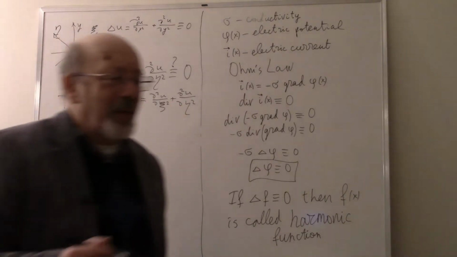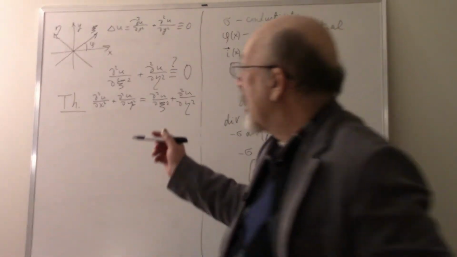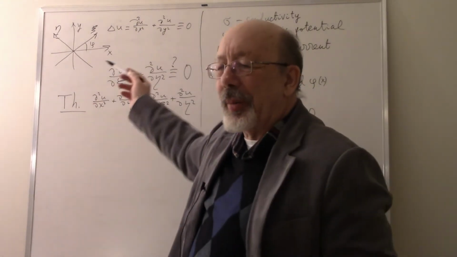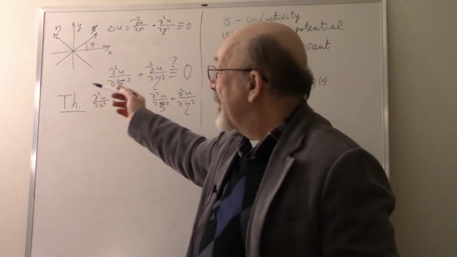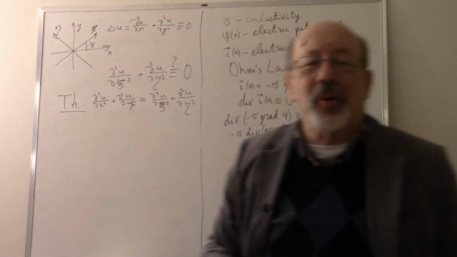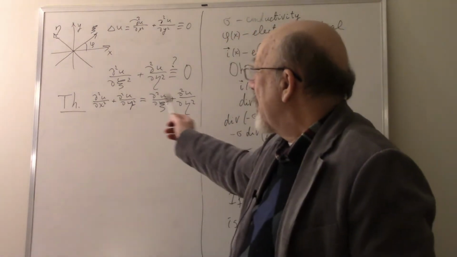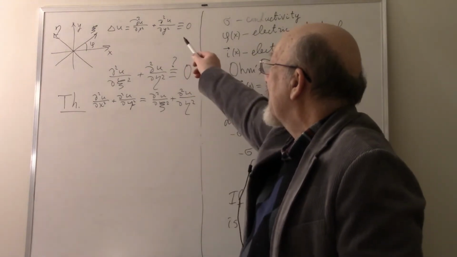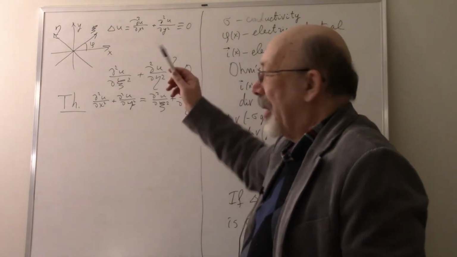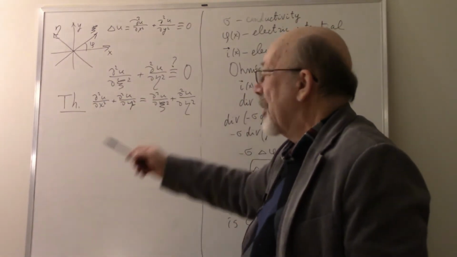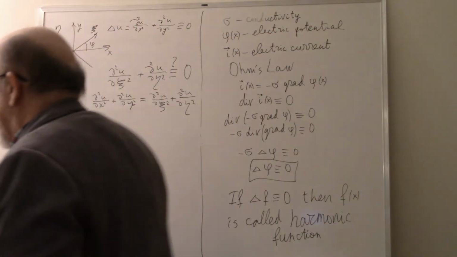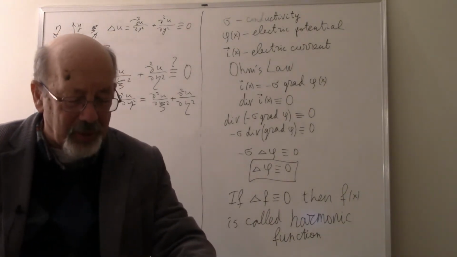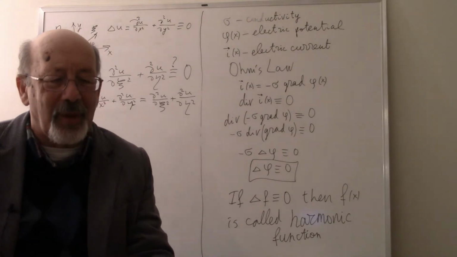So this means that not only will a harmonic function in the xy coordinates remain a harmonic function in psi eta coordinates, but even the value of the Laplacian in xy at the same point is the value of the Laplacian in psi eta. So you can take a harmonic function and turn it, and it remains harmonic.